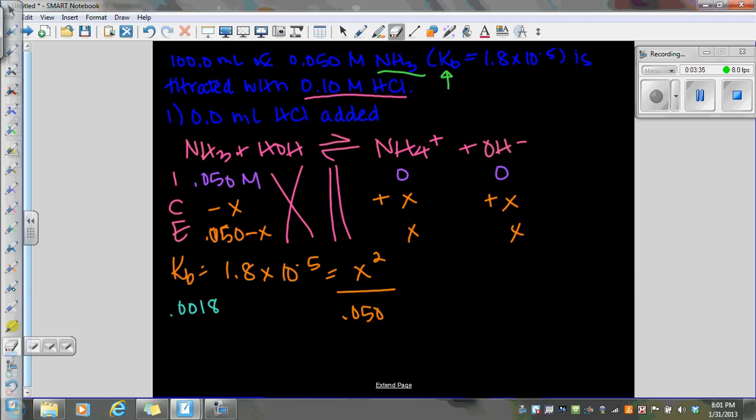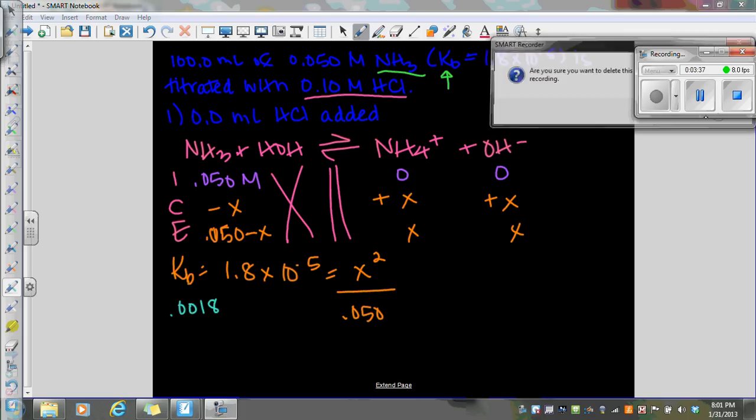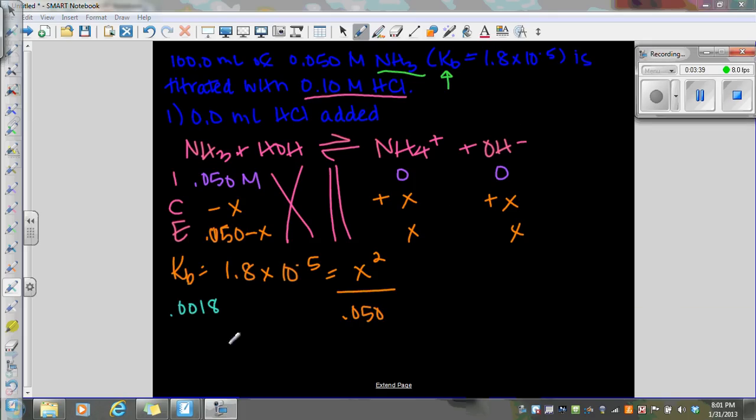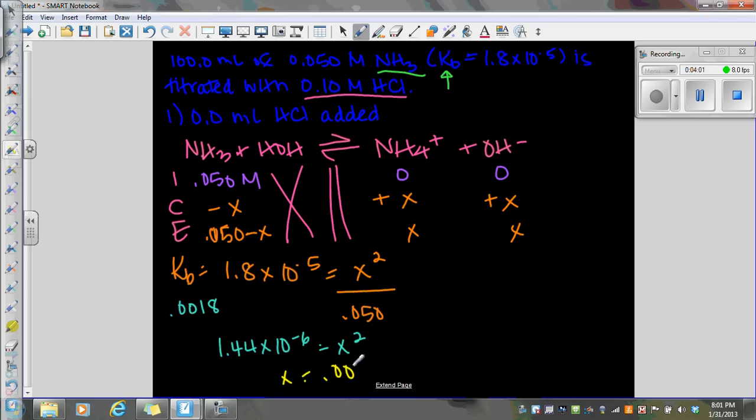So we will do math now. We're taking 1.8 times 10 to the negative fifth times 0.050, and we get 1.44 times 10 to the negative sixth. That is equal to X squared. We will take the square root of both sides. And when we do that, our X is 0.0012. That is our concentration of hydroxide ion.